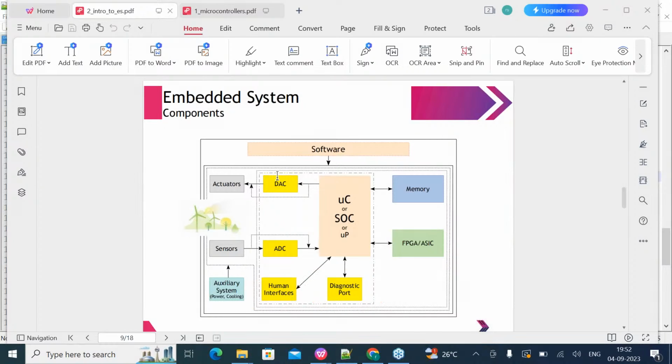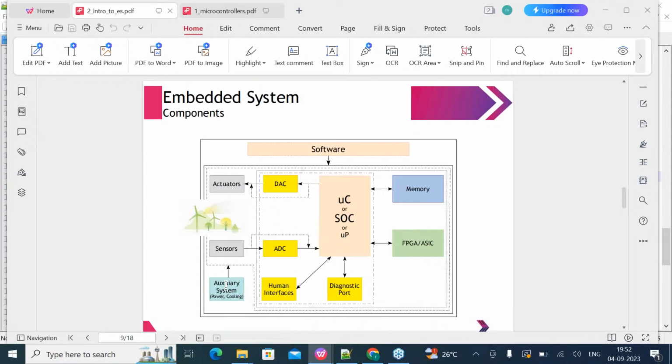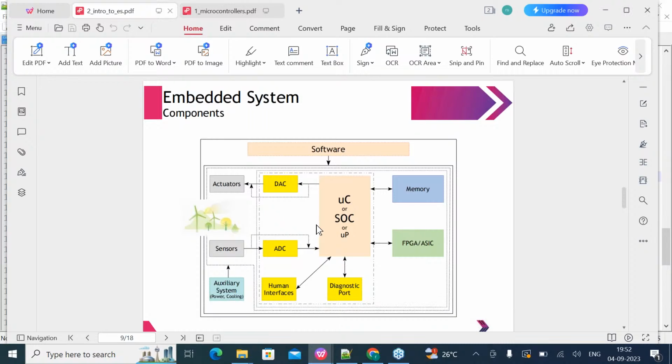Then another most important component of the embedded system, usually we ignore that, which is nothing but the power auxiliary system. In that, it's a power. So people, you see the different components in the embedded system. All the components are working on the same power supply?